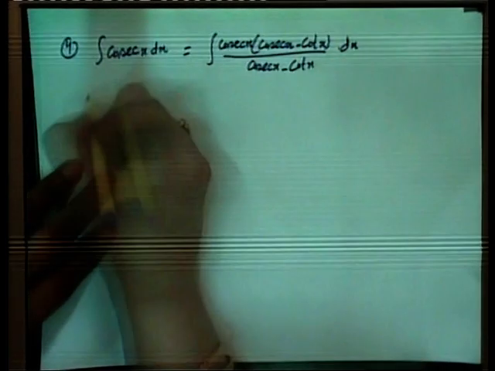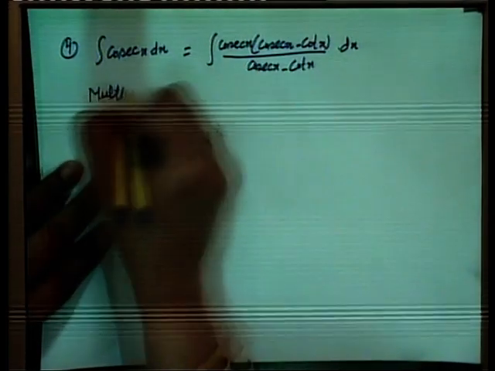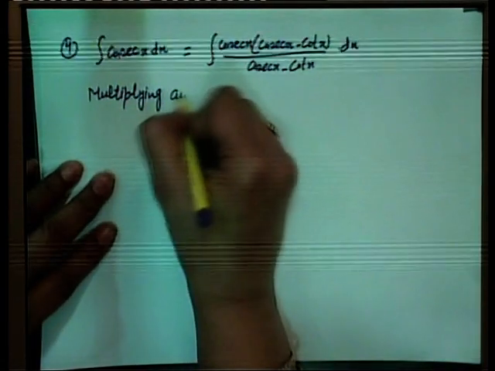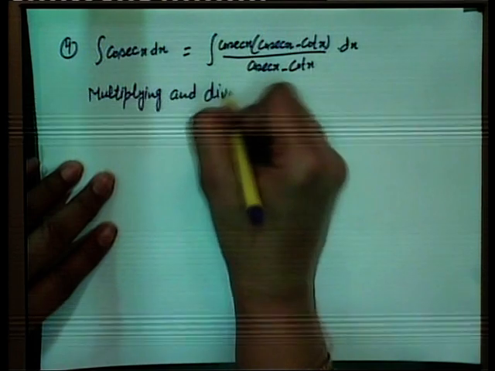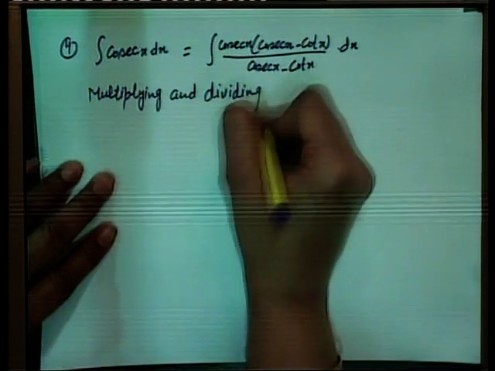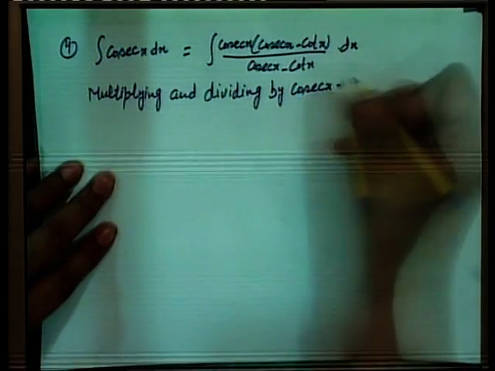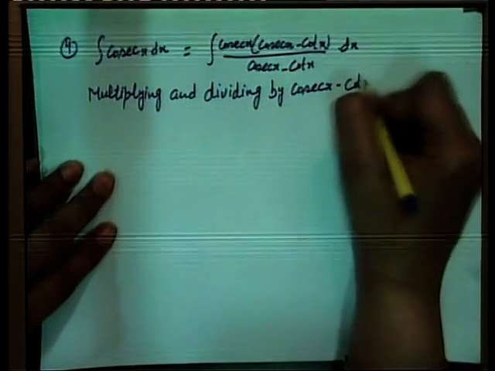What we have done? Multiplying and dividing by the factor cosecant x minus cotangent x.